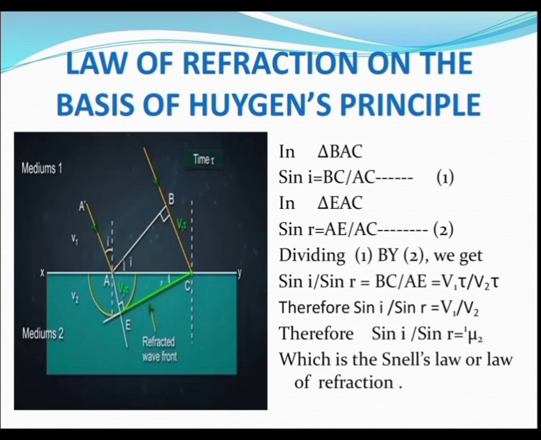Tau and tau get cancelled, therefore sin i over sin r is equal to V1 over V2. Therefore, sin i over sin r is equal to the relative refractive index of the second medium with respect to the first medium, which is Snell's law or law of refraction. Therefore, Huygens principle successfully explained and proved the law of refraction by using his wave theory.